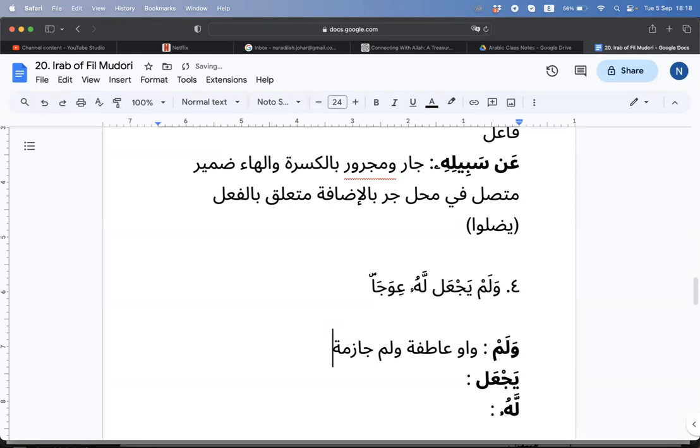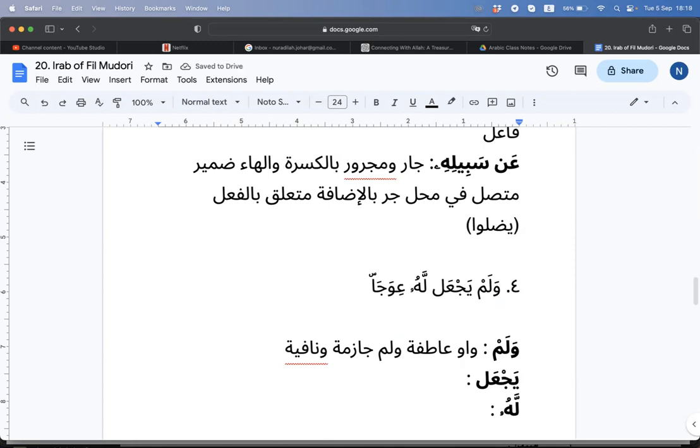And what is the translation for lam? Lam is did not. Lan is will not. So lam is did not, so it's a negation. What's the word for negation in Arabic? Nafi. Yes, nafiyah.